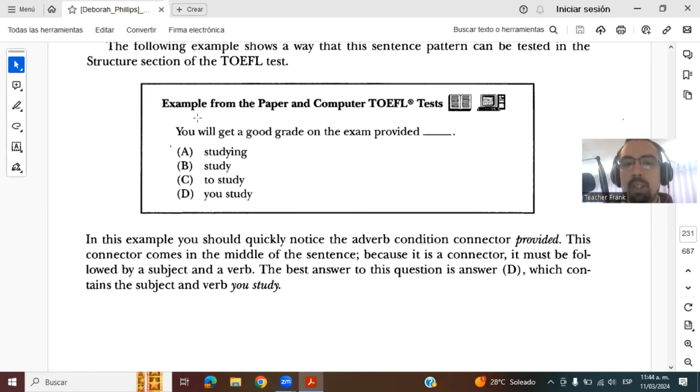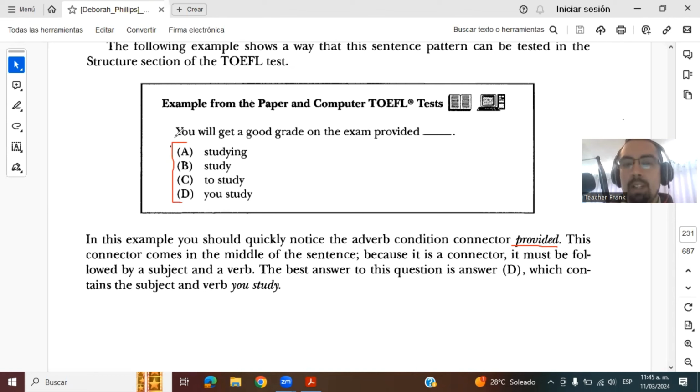So here it says, you will get a good grade on the exam provided. So which do you think is the correct option? Provided studying, provided study, provided to study, or provided you study? This one seems very difficult because provided is not a very common connector.